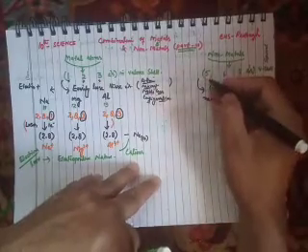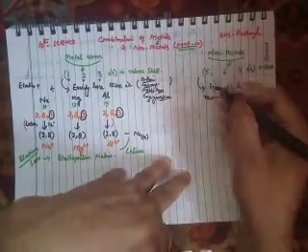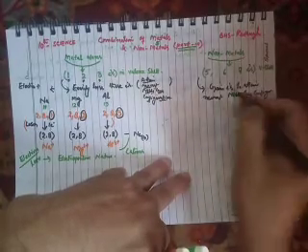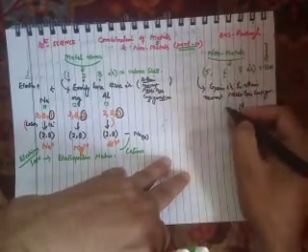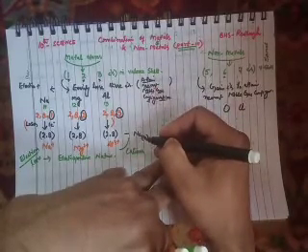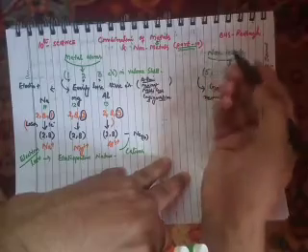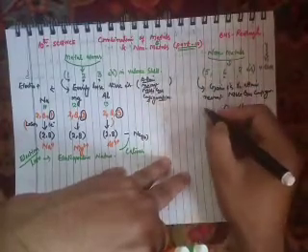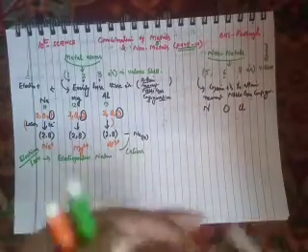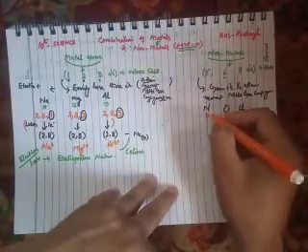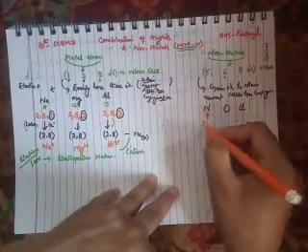So if we take the example of chlorine, oxygen, or nitrogen: dear students, nitrogen has atomic number 7 and electronic configuration 2 and 5.